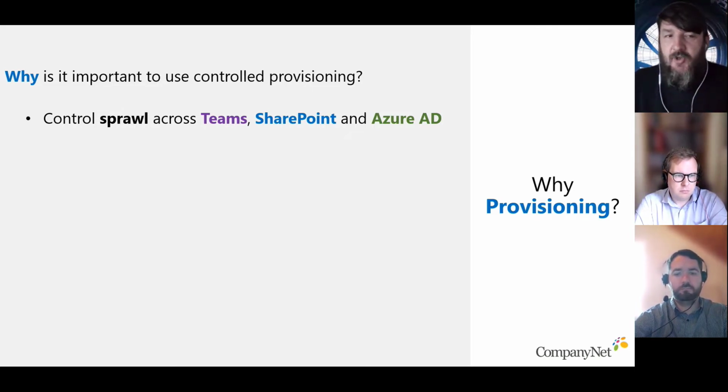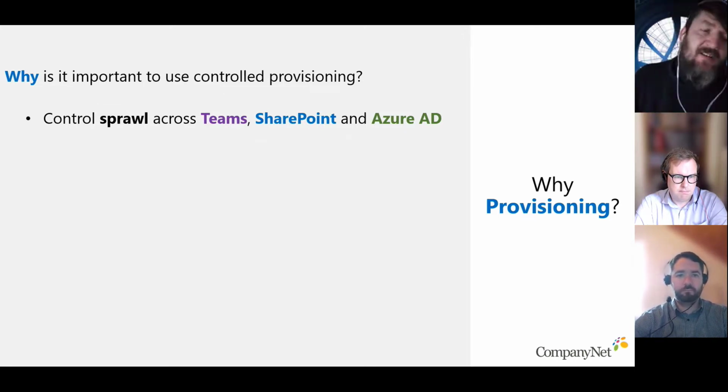And getting control of that after it's happened is challenging. It's really challenging because we need to understand what's out there currently, what our current governance model is, if there is any governance, and then we need to rein that in to start applying our controlled mechanisms in the right way.